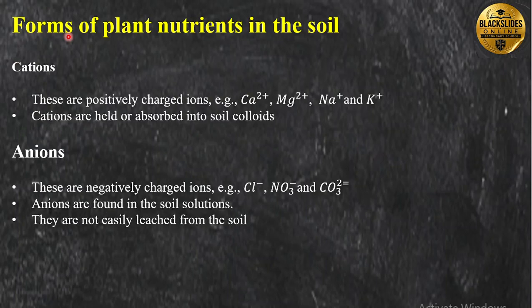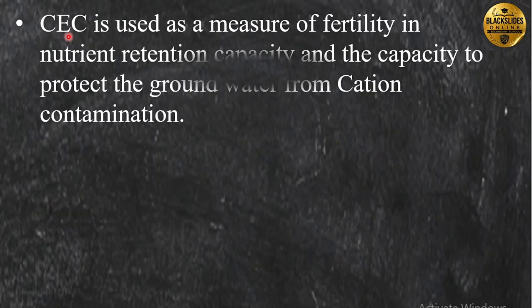Cation exchange capacity is used as a measure of fertility in nutrients, retention capacity, and the capacity to protect the groundwater from cation contamination. That's one use of cation exchange capacity. It's a measure of fertility, how fertile a soil is. It's a measure of the ability of a soil to keep nutrients.